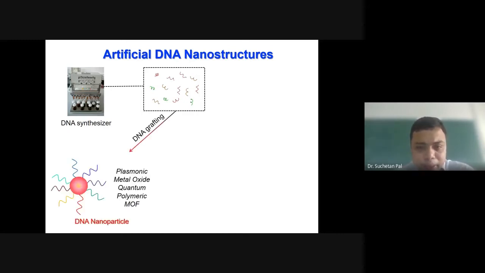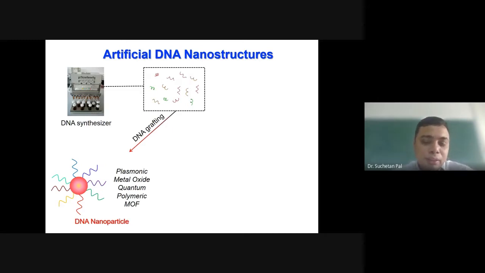This DNA can be grafted on any nanomaterial using suitable chemistry. You have a nanoparticle, it can be a plasmonic nanoparticle like gold or silver, a metal oxide nanoparticle like iron oxide, a quantum dot like zinc oxide or zinc sulfide, or a polymeric nanoparticle or metal organic framework.